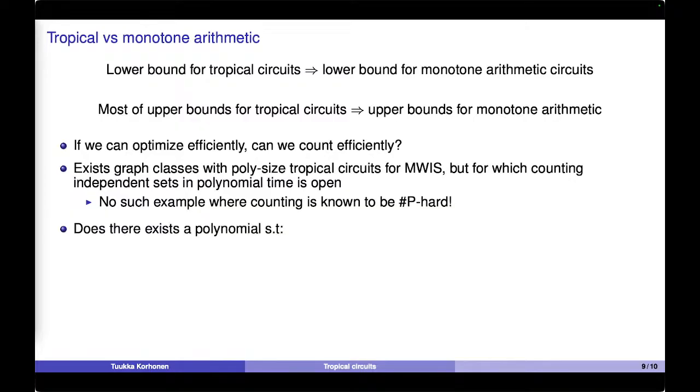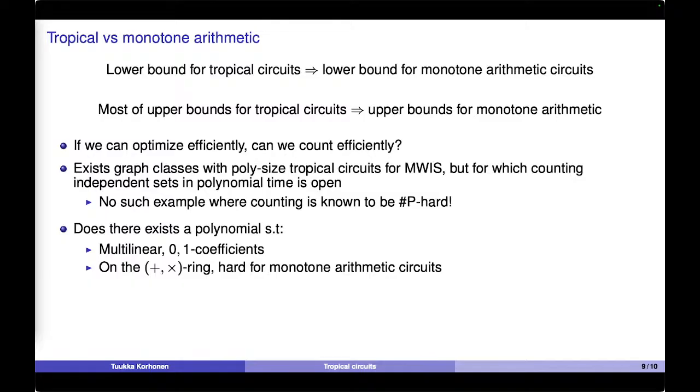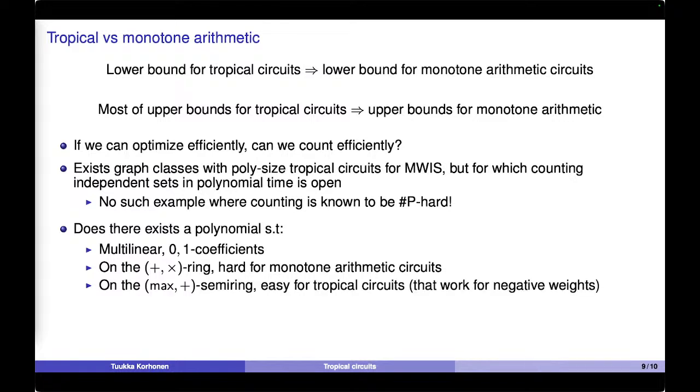So in general, we could ask: does there exist a polynomial that naturally corresponds to this kind of optimization over sets, say multilinear with 0-1 coefficients, such that in the arithmetic case it's hard for monotone arithmetic circuits, and in the tropical case it's easy?